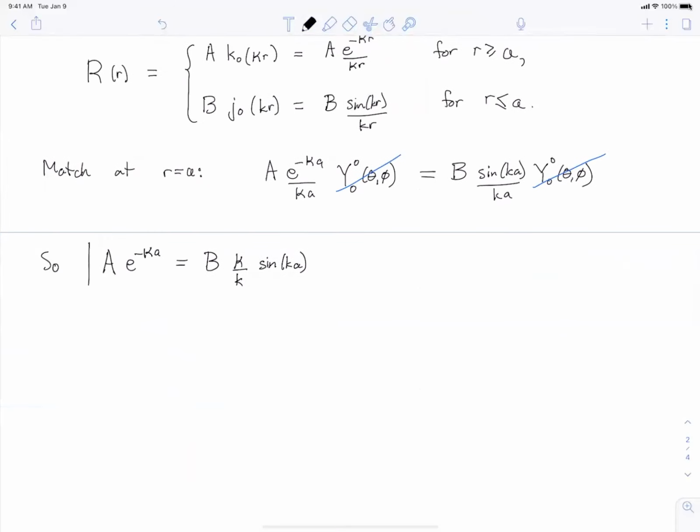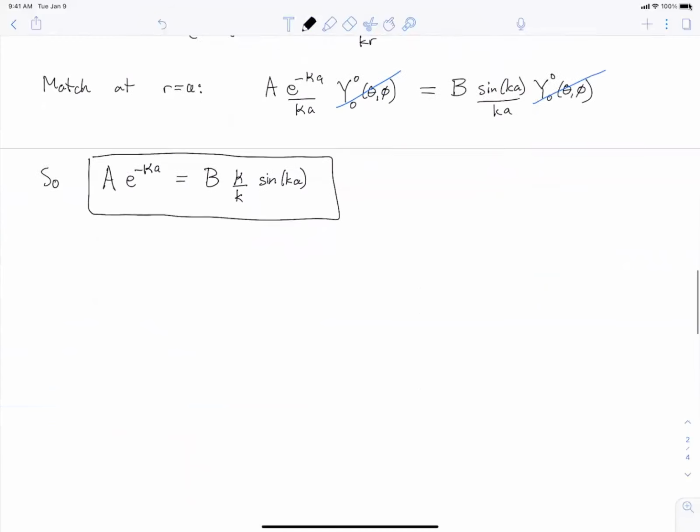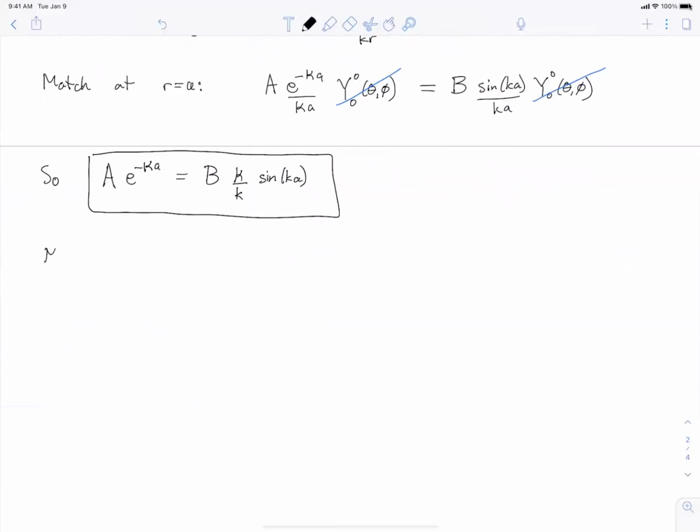Okay, so that's one equation we need to solve, but there's a second equation, and that comes about by matching not just the functions, but their first derivatives. So remember, if the potential is not infinite, you don't just match the wave function, you also match the first derivatives.